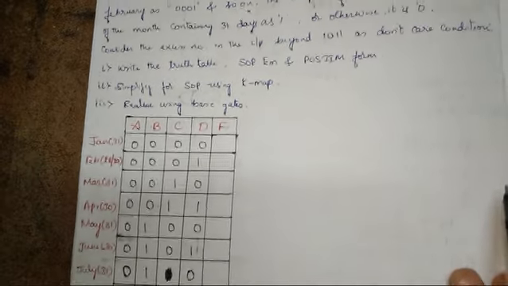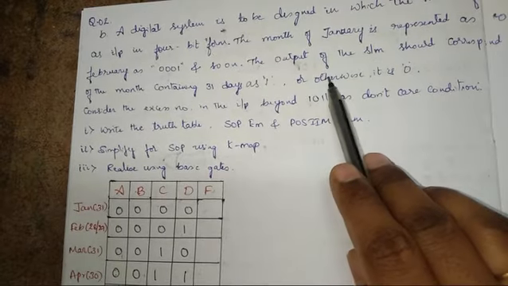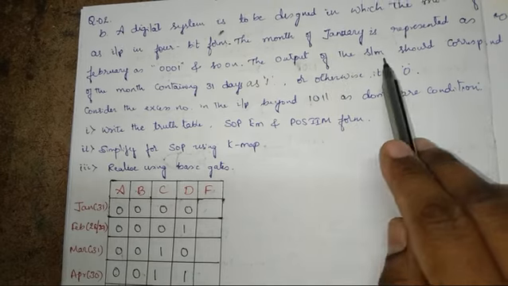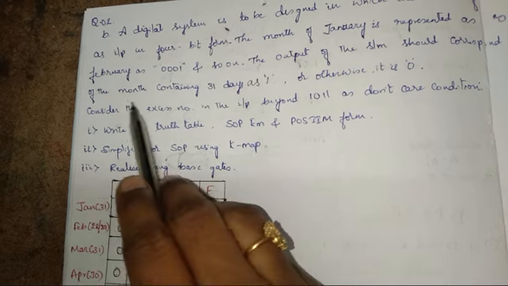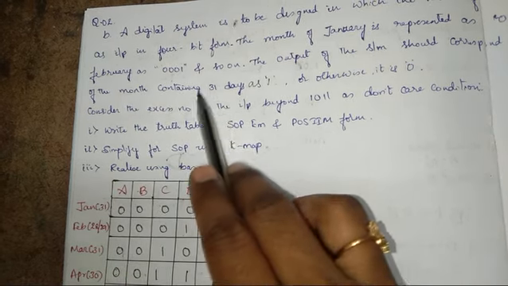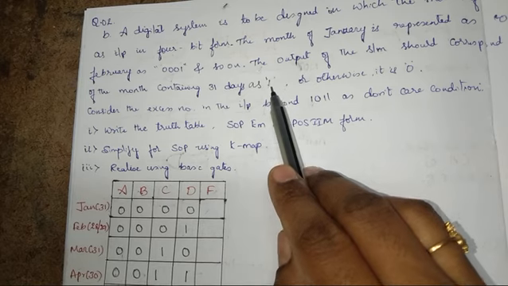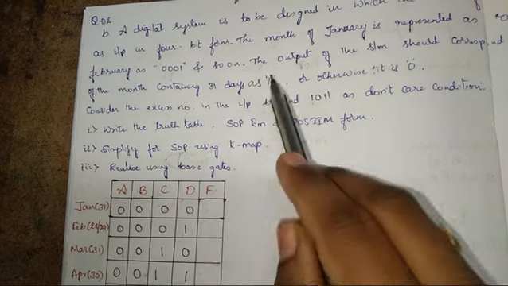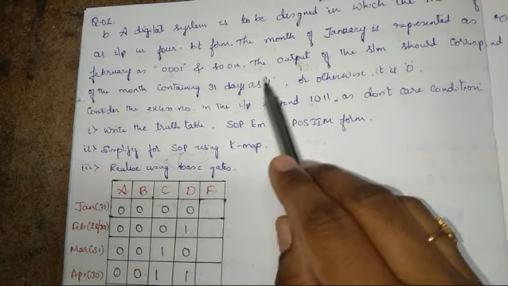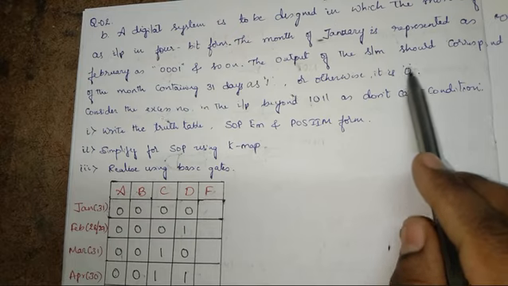These are my inputs. Now in the question, they have told that the output of the system should correspond to the input of the month containing 31 days as 1. If a month contains 31 days, the output must be represented as 1, or otherwise it is 0.